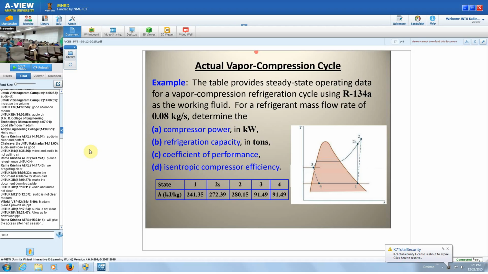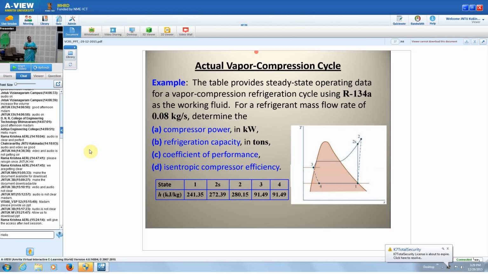And at 2s, assuming that compression is isentropic, the enthalpy at 2s is 272.39 kilojoules per kg. And 2 is the actual discharge condition of the refrigerant, that is the polytropic compression. So 2 is 280.15 kilojoules per kg.